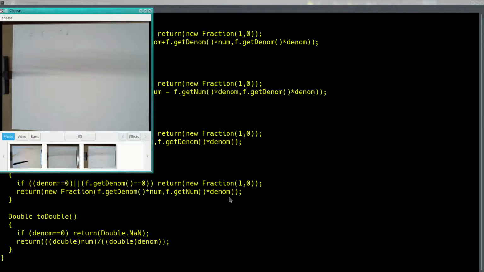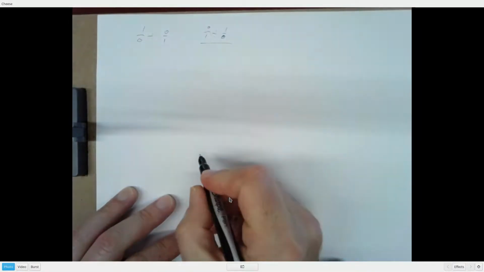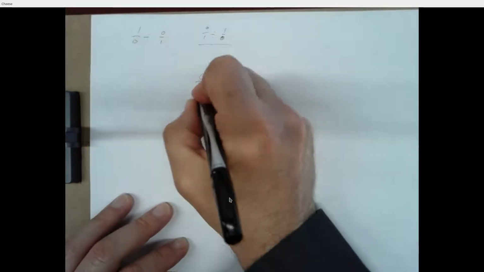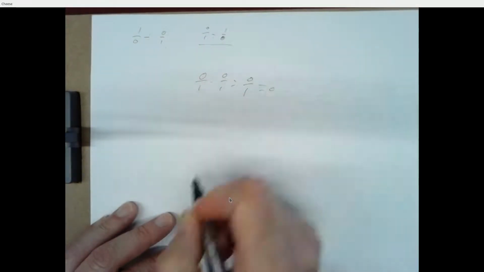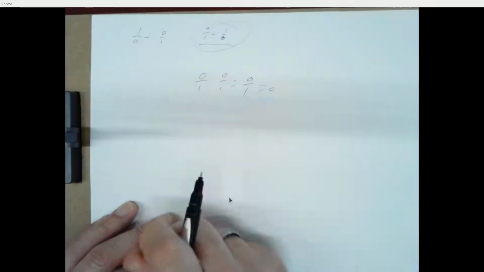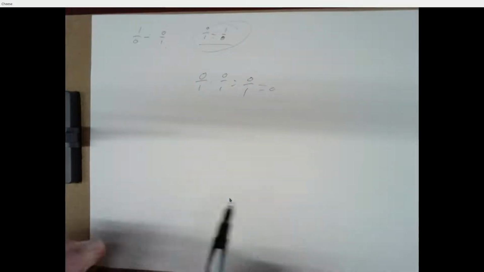Yeah, so 0 over 1 divided by 1 over 0 would be 0 over 1 times 0 over 1. I think it'll give you 0 over 1, which is a 0. But this should technically be undefined because I was dividing 0 by infinity. Yeah. So you need to check for division, but you're right, that's the only one.